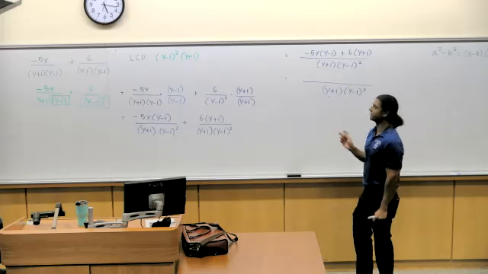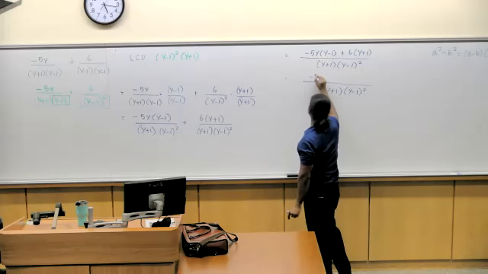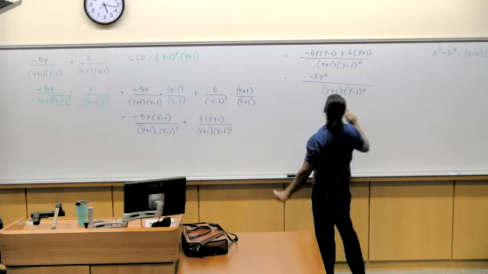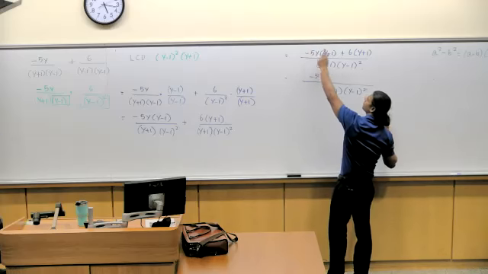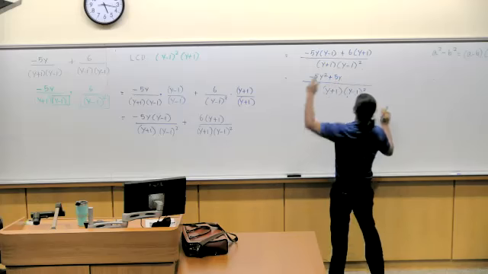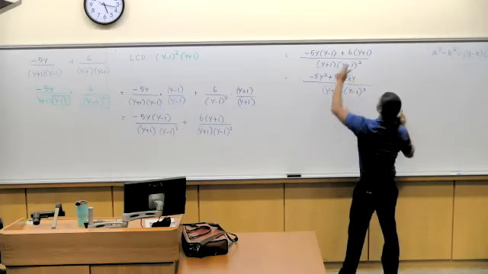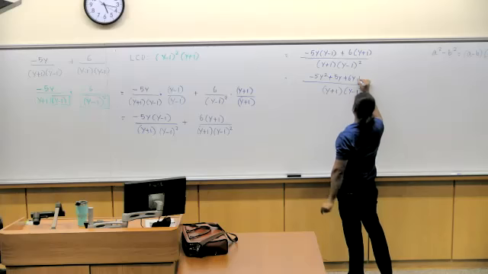Distribute and simplify. Negative 5y times y, negative 5y squared. Negative 5y times negative 1, positive 5y. 6 times y, 6y. 6 times 1, 6.